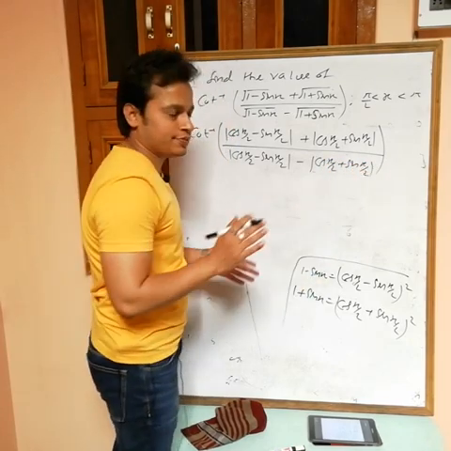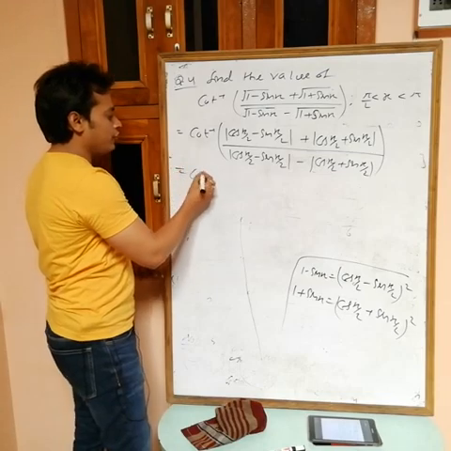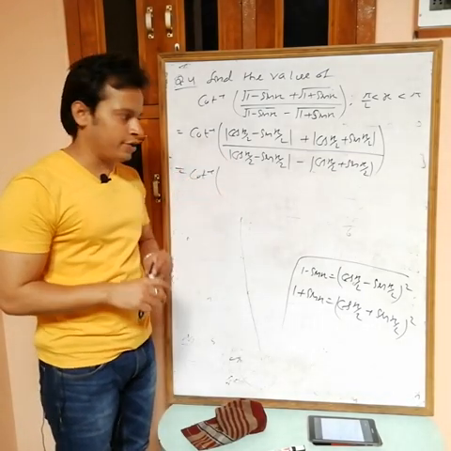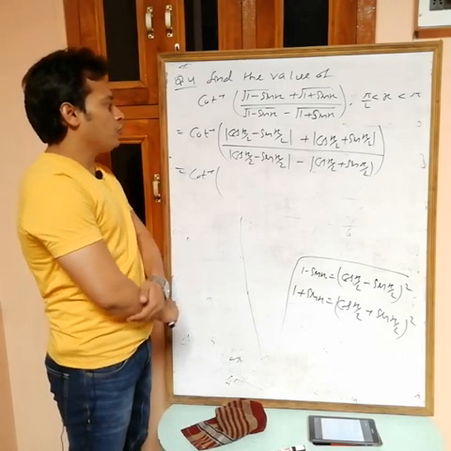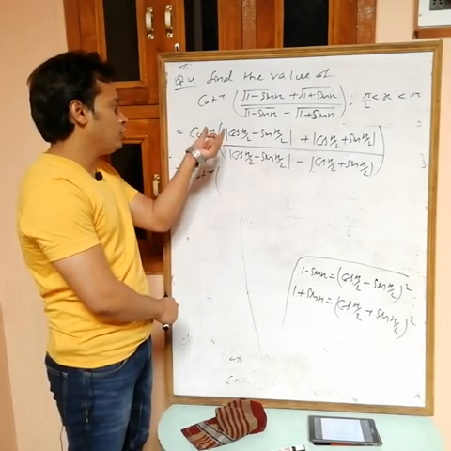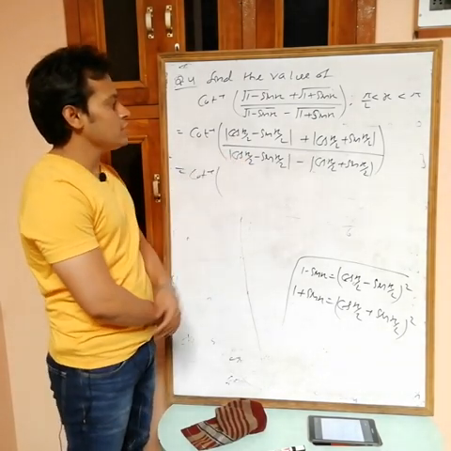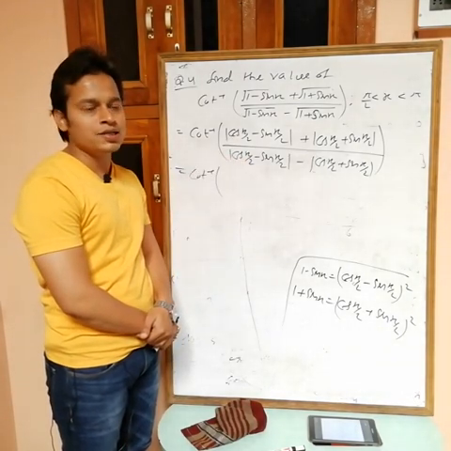Okay, that's it. Now to simplify this, we have to write it without mod. To write it without mod, first you have to identify whether cos is greater or sin is greater. Here the angle is x by 2.